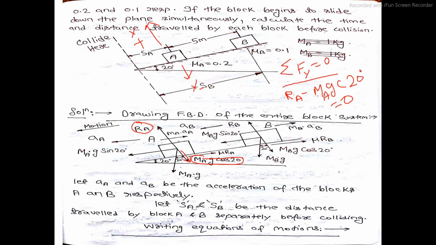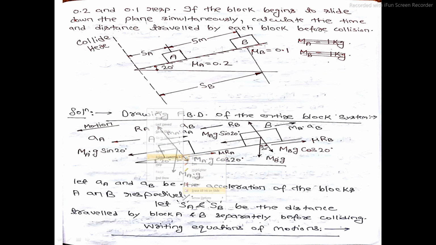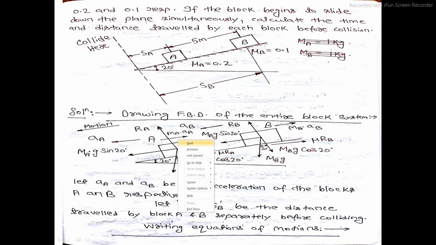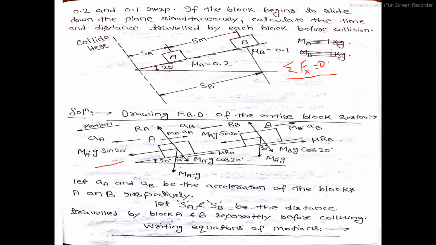Similarly, for block B, let us write down force equilibrium equation, and from that let us try to find out the acceleration with which block B is moving down the inclined plane. So first let us write down summation fx equal to 0 for block B. We have assumed this x as positive and this x as negative.